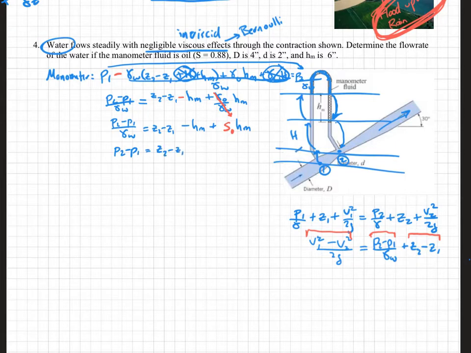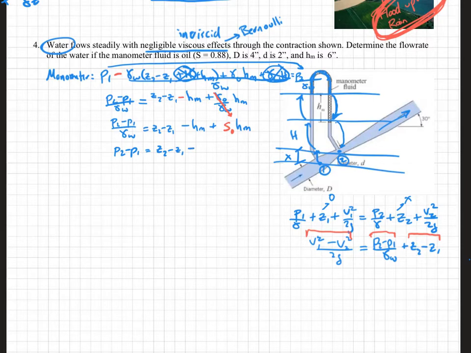Note, if that's uncomfortable for you, you can call this X if you want to. And note that when you work the Bernoulli equation, you can make Z2 X and Z1 0 if that makes it work out better for you.